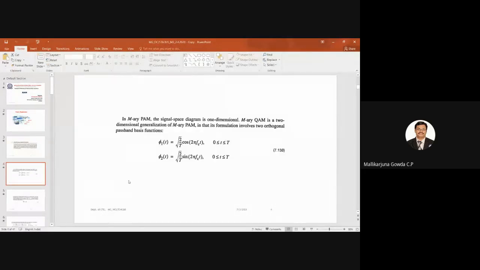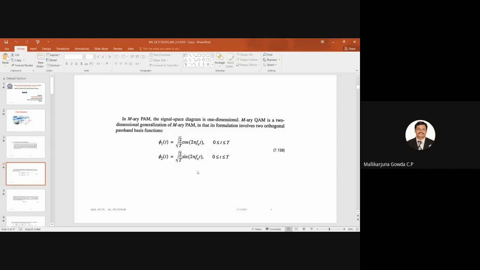To say about the basis functions, this M-ary QAM is basically a two-dimensional signal. So it has two orthogonal passband basis functions, which we denote mathematically as phi 1 of t, which is equal to root of 2 by T cosine of 2 pi f c t, and another basis function phi 2 of t, which is equal to root of 2 by T sine of 2 pi f c t.